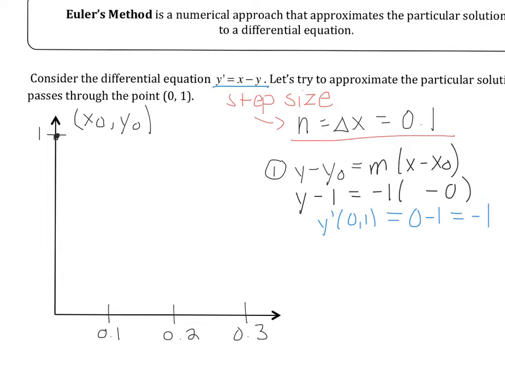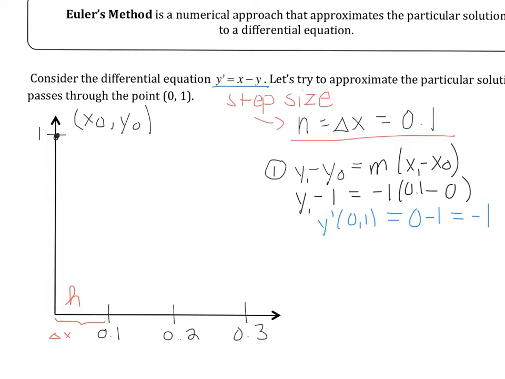I'm actually going to call these points y1 and x1, meaning my next set of x and y coordinates. And we know what x1 is because we decided that we were going to increment by 0.1. This is our h, this is our delta x. So we know that x1 must be 0.1, so we can put that in.